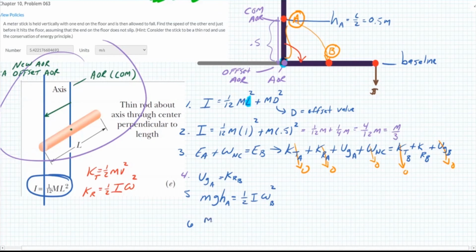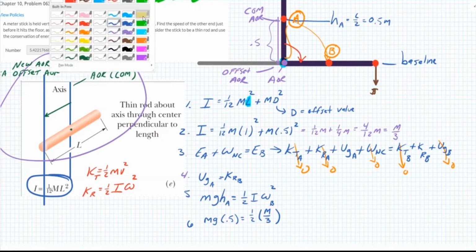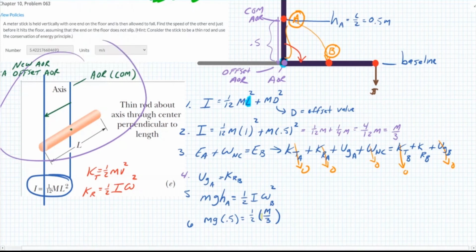M times G times 0.5 meters, because HA is 0.5 meters, equals 1/2 times I. We did the heavy lifting, it is M over 3. So this is I, which was figured out over here.